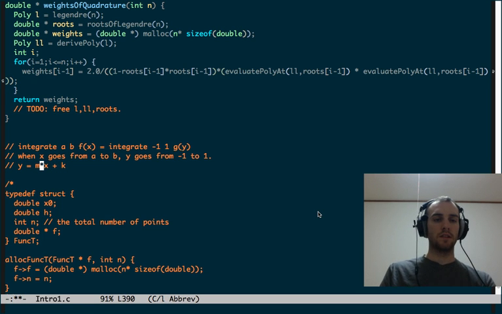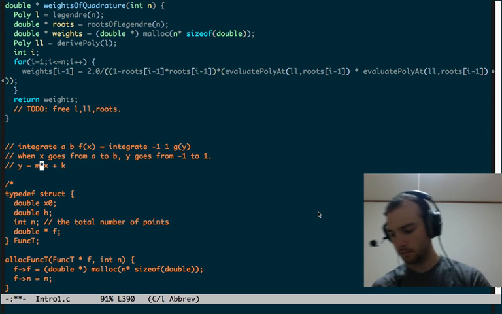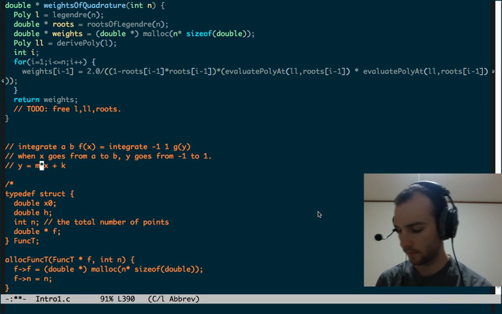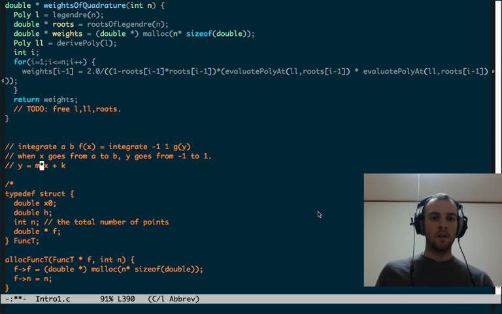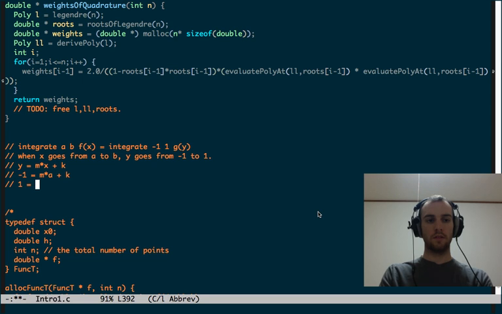So it's a linear transformation that we want. How can we do that? Okay, well, you can actually just plug the values in. So minus 1 equals m times a plus k, and plus 1 equals m times b plus k. And we need to find m and k.